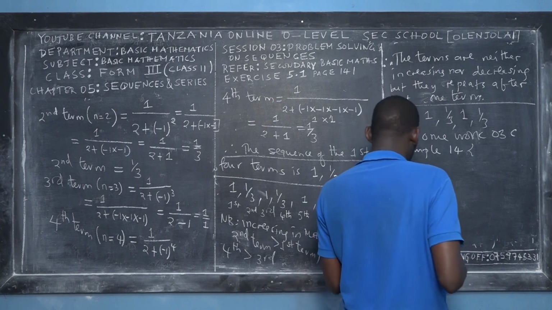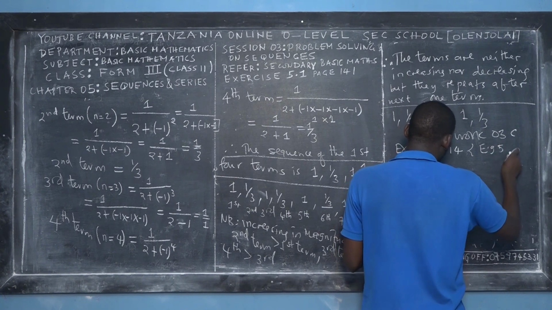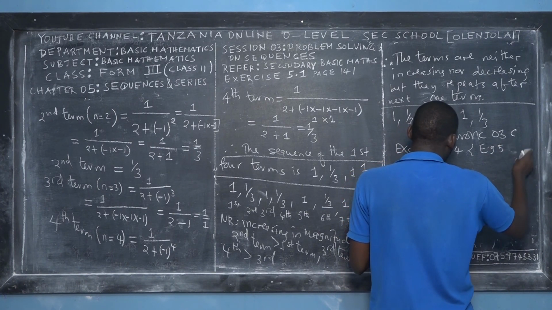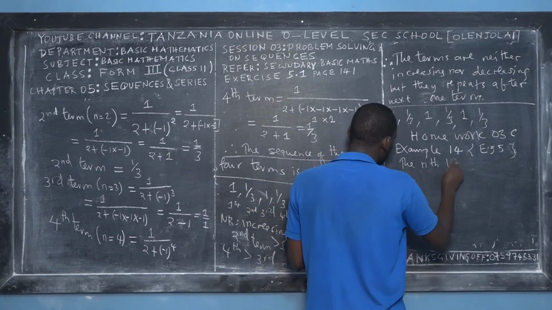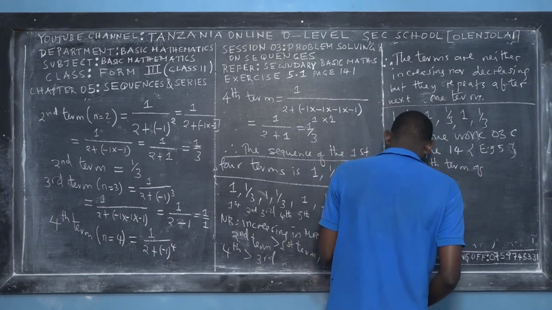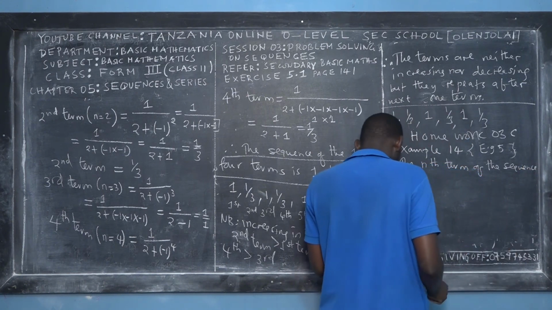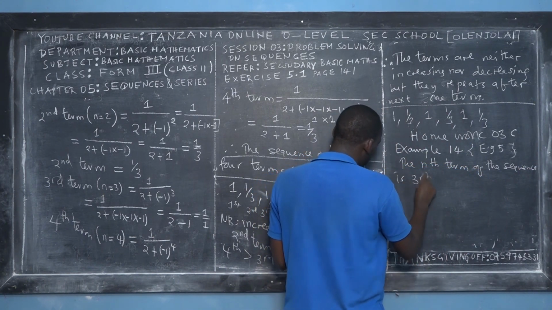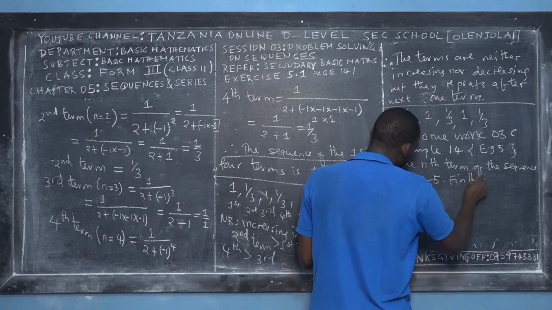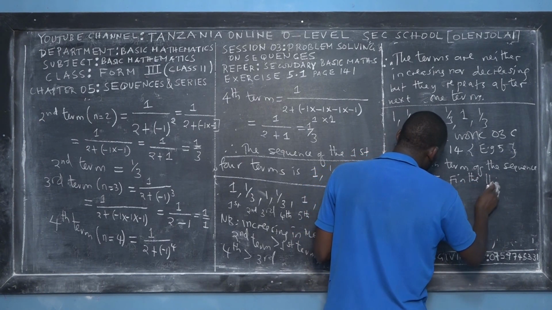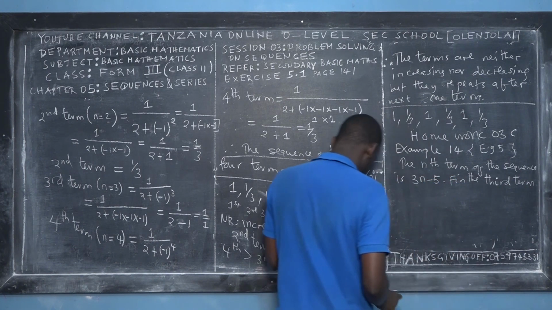So this is example 5 in Excel, in the basic mathematics books. The question says that the nth term of the sequence is 3n minus 5. Find the third term.